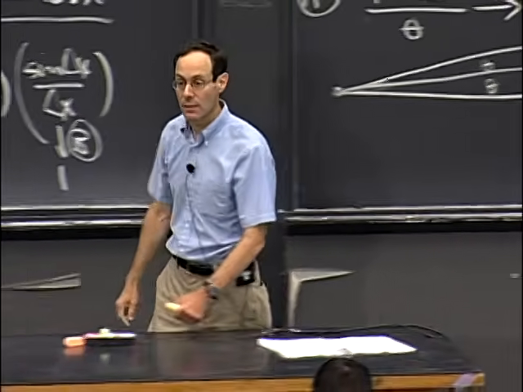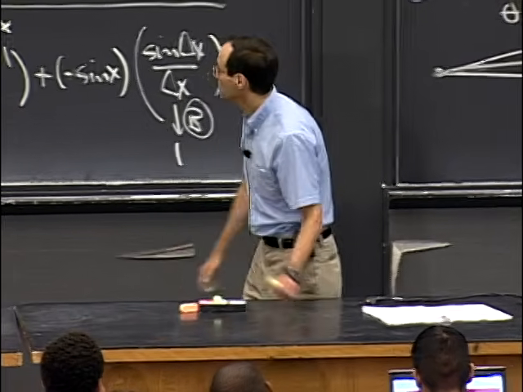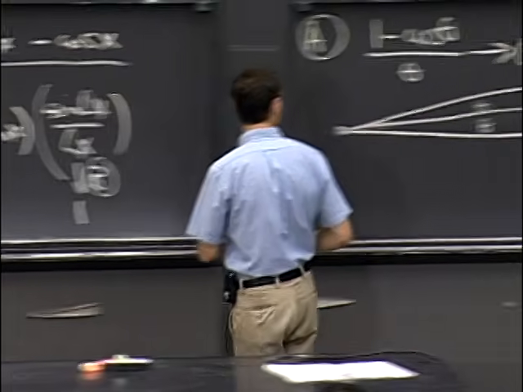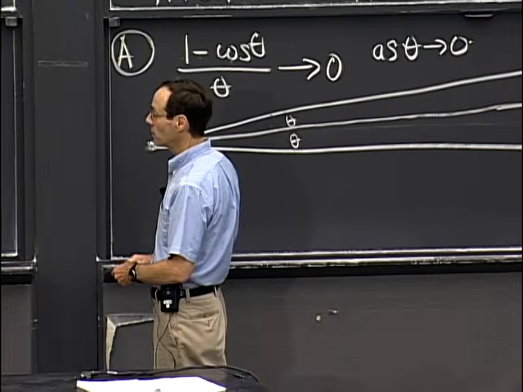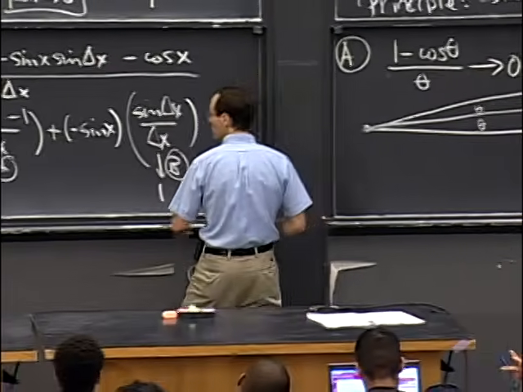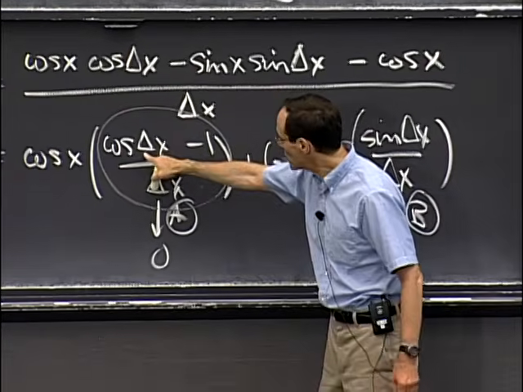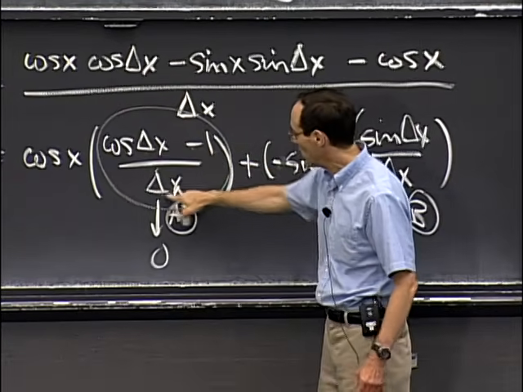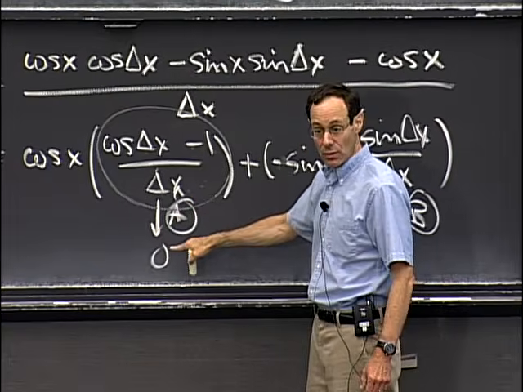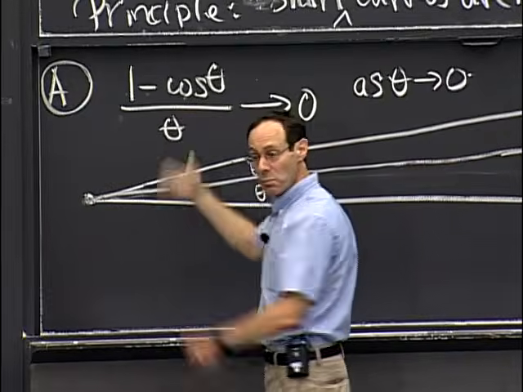Is cos theta minus 1 over theta the same as 1 minus cos theta over theta? The equation that you wrote beside me right here. So here, what I wrote is cosine delta x minus 1 divided by delta x. Okay? And I claim that it goes to 0. Here, I wrote the minus of that.